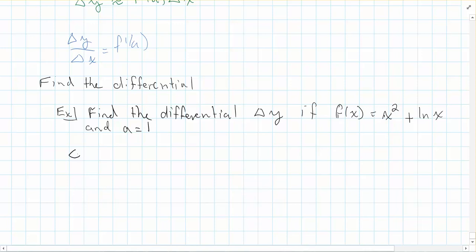So my differential delta y is just f prime at a delta x. That's all you have to remember.